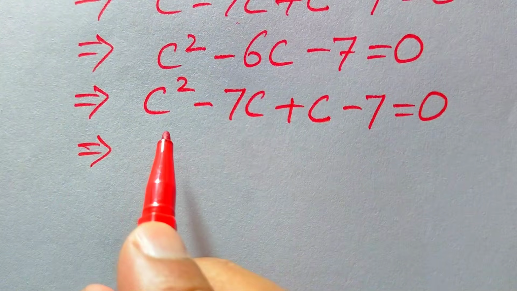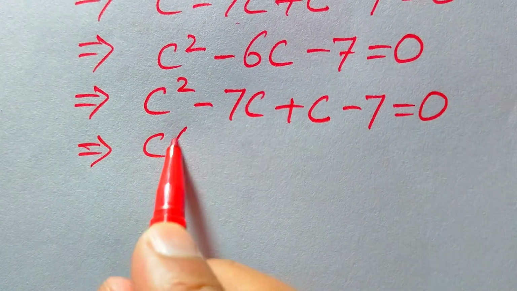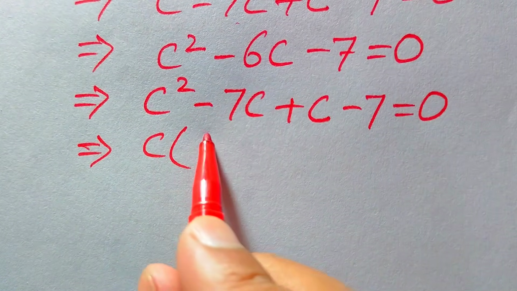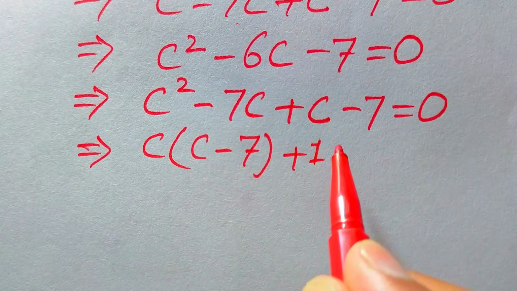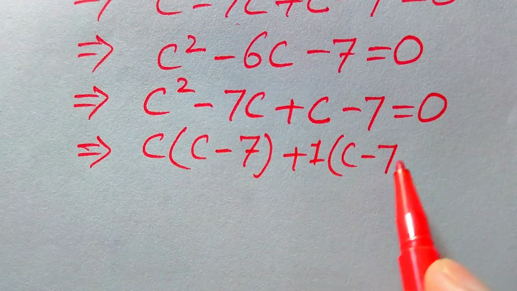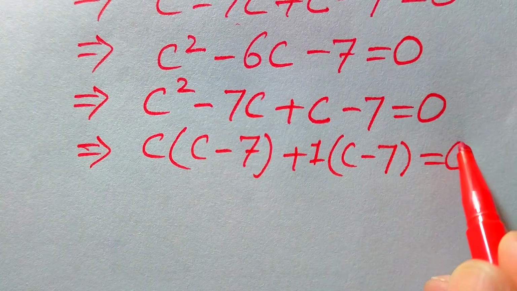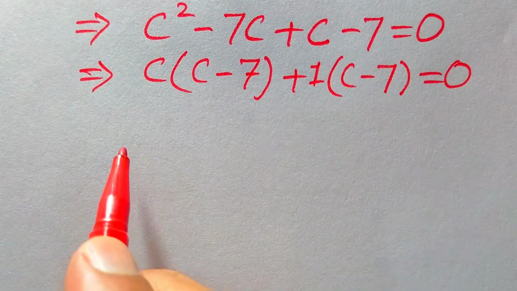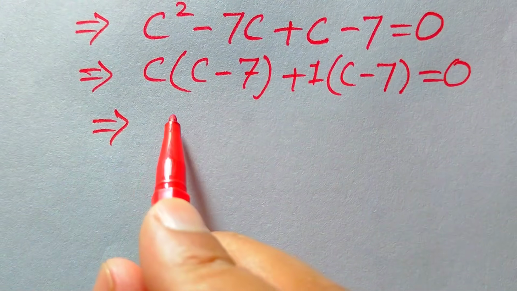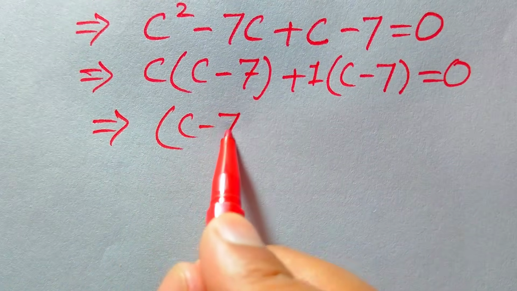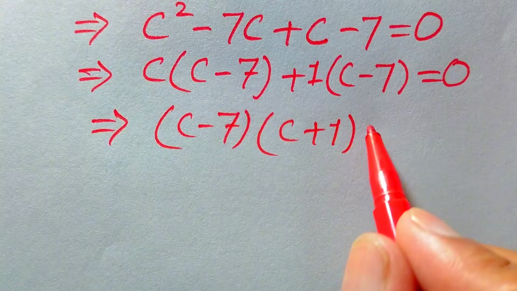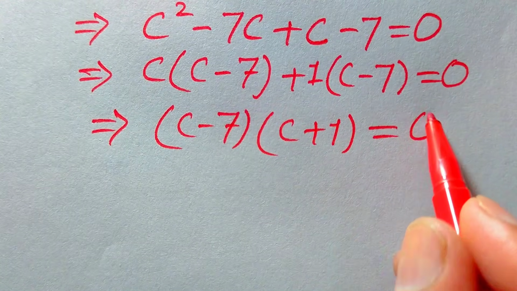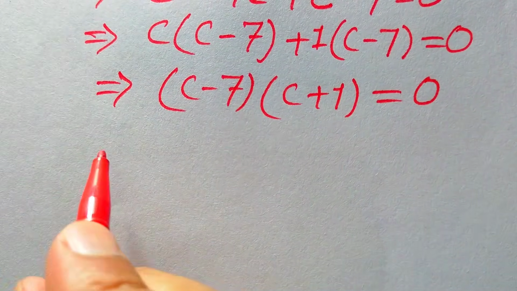Here we take common c from the first two terms and we get c - 7, plus, from the last two terms we take common 1 and we get c - 7, and this whole equation is equal to 0. So you see that both of these two terms involve c - 7, so we take common c - 7 and we get the remaining values c + 1, and this whole equation is equal to 0.